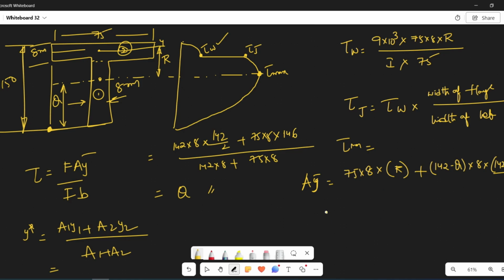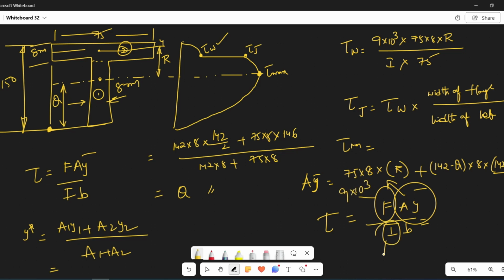So once you get that AY value, F was already given to you, it is always in Newton. The I value you have to identify. The width is 8 here, but before, when calculating the shear stress in the web section, the width is 75.